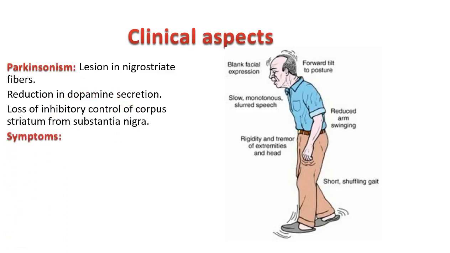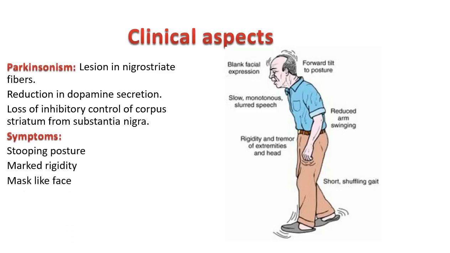Many symptoms we can see, mainly tremors, resting tremor. Even when the limb is resting, you can see mild tremors. Then you come across stooping posture, so he is not straight. Maintenance of erect posture is not possible. And then mask-like face and rigidity.